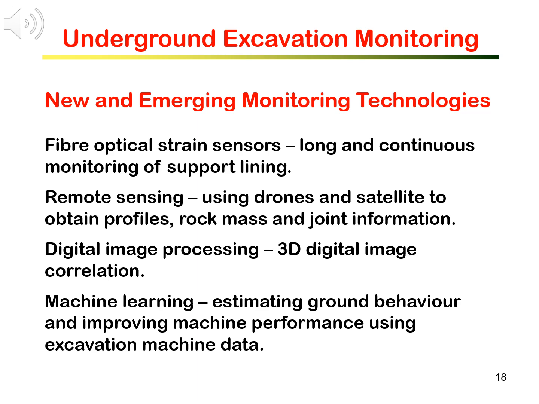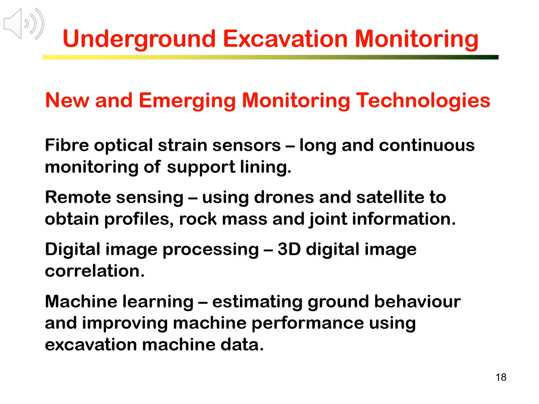We have seen increasing use of remote sensing using flying drones and satellites to obtain ground profile, rock surface profile, rock mass information, and joint distributions. Computing capability also helps digital image processing, particularly on 3D digital image colorization.